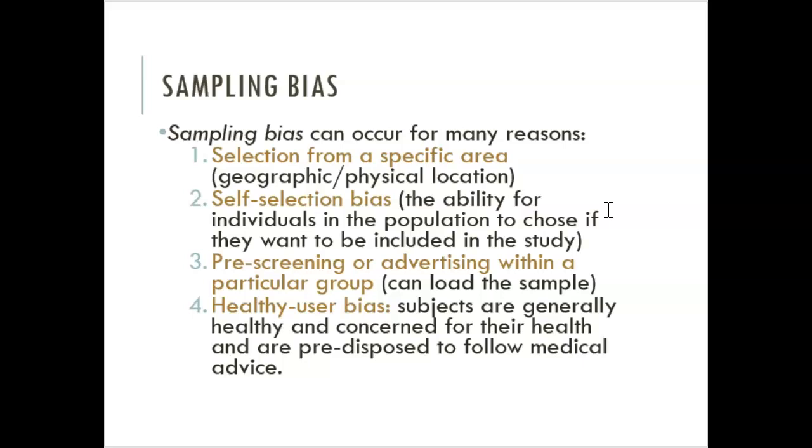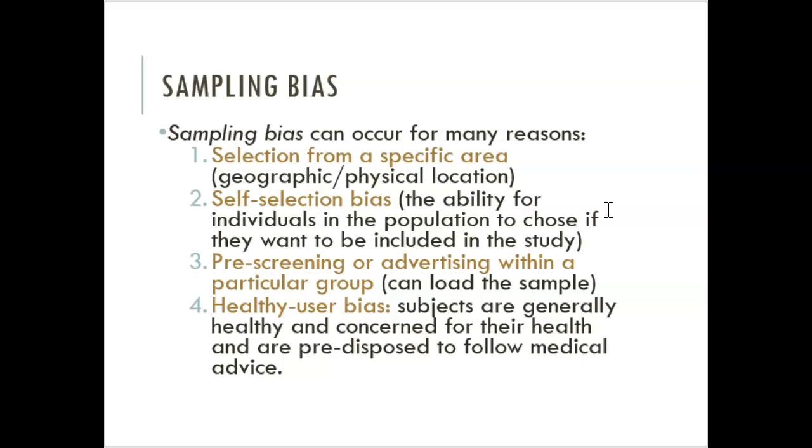The people that participated in the study were only those that had a strong opinion. So people who felt very strongly about legalizing marijuana, or people who felt very strongly about not legalizing marijuana. Those were the people that came forward and did the study.